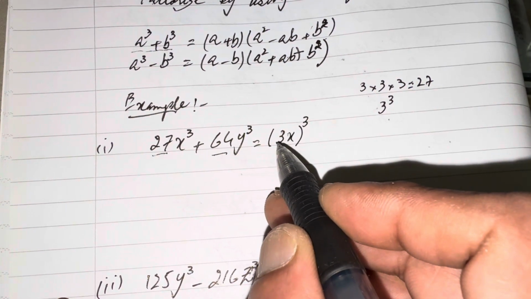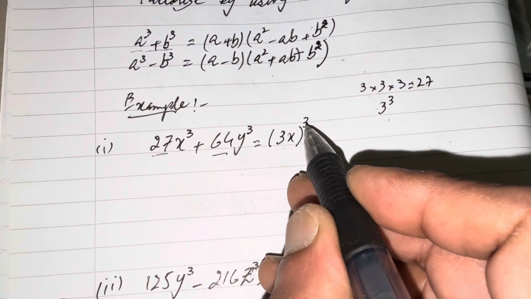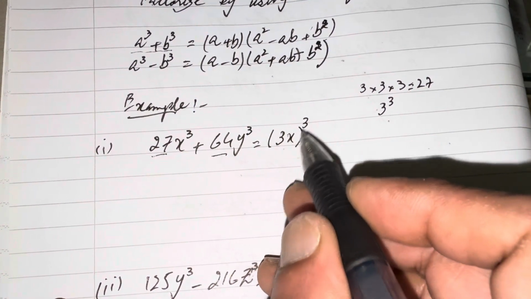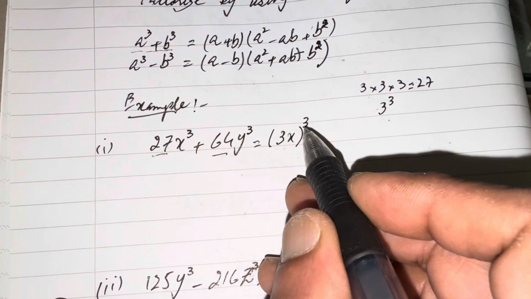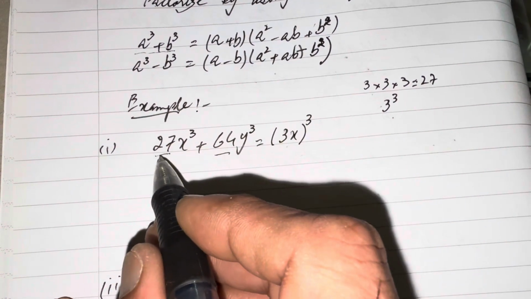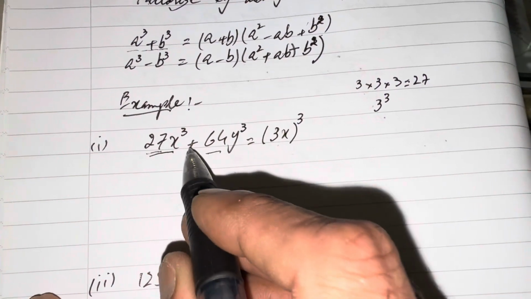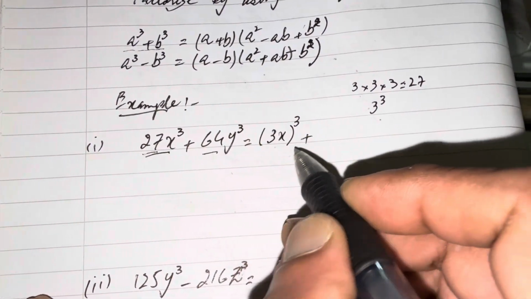So 3 raised to power 3 means 27, and x raised to power 3 means x raised to power 3. So this 27 can be written in this form, plus ये साइन वैसे ही आ गया.